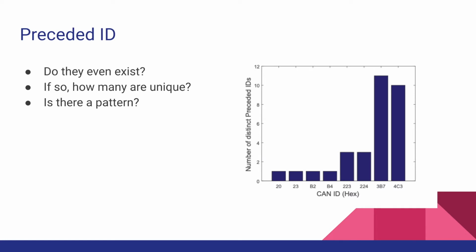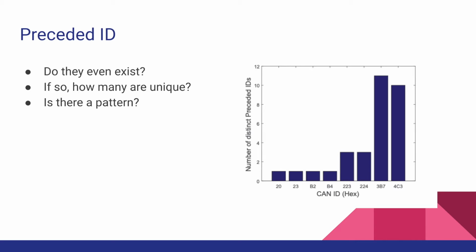If we look at the graph on the right, it has data that was generated from a 30-minute test drive of a 2010 Toyota Camry. This data shows that there were 42 distinct messages transmitted. Specifically, it shows the number of distinct preceded IDs of the ones labeled on the x-axis, all in hex.